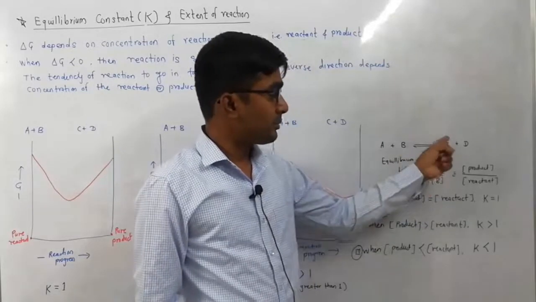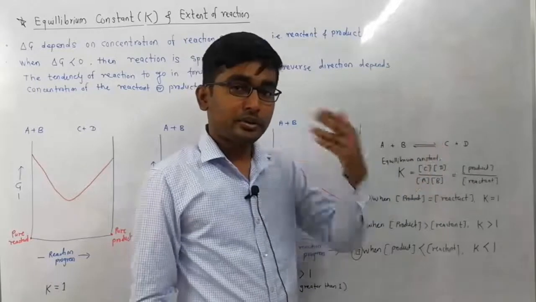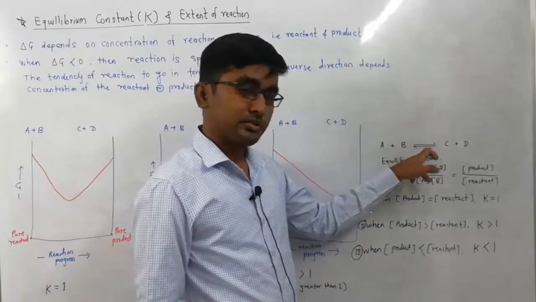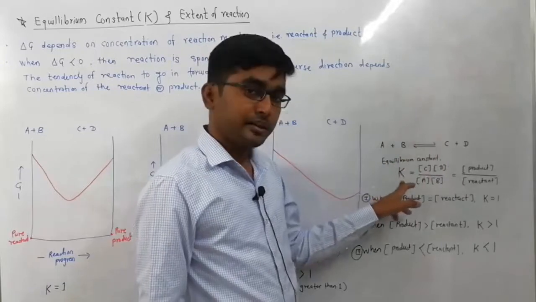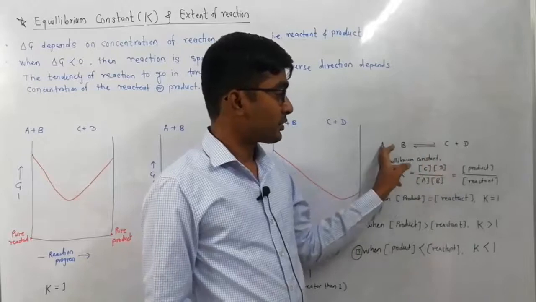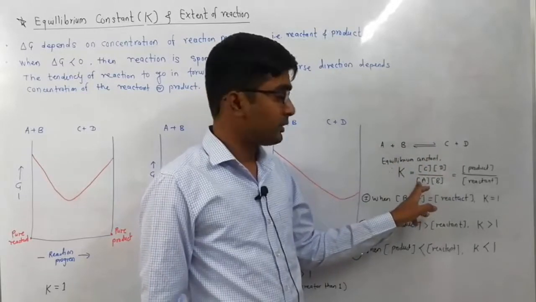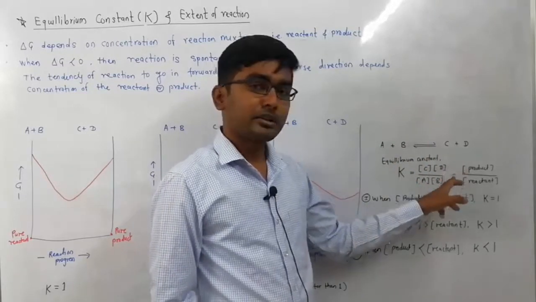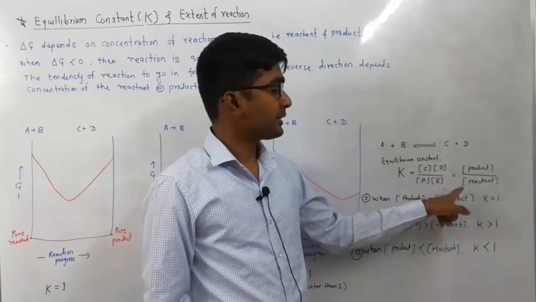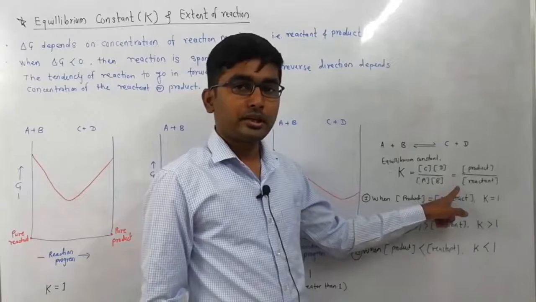Now, as we have seen in the previous lecture, please watch the previous lecture, the equilibrium constant at this point, capital K, is equal to the product of the concentrations of the products C and D divided by the product of the concentrations of the reactants A and B. In general language, we can say that it is the ratio of the concentration of products divided by the concentration of the reactants.